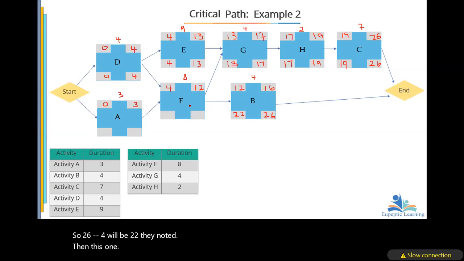Let's look at it here. Activity F goes into activity J and then activity B. And we are looking at the late finish. Yes. That's 22, but let's look at it well.